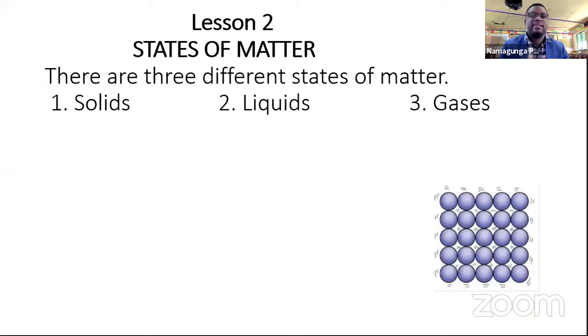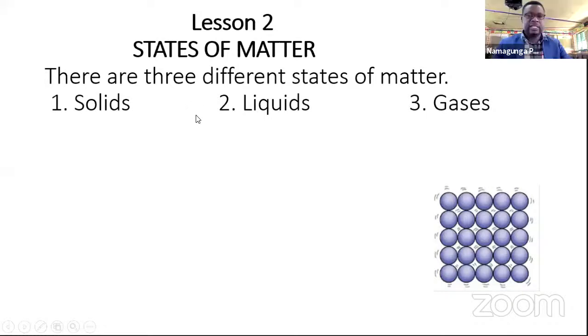Teresa. Wood. Beautiful. So we shall not give all of them, but there are many. So we have wood, we have rubber, glasses, we have plastics, and others. All of them are solids.